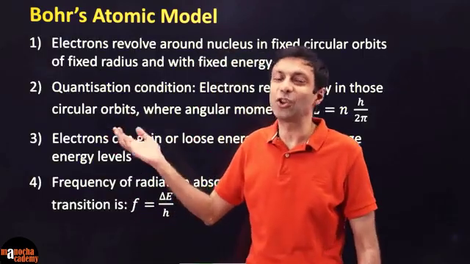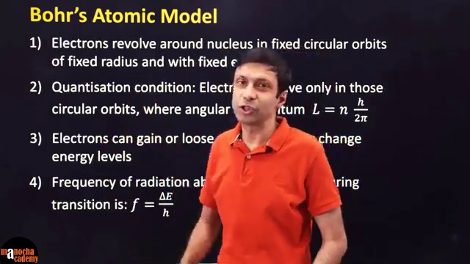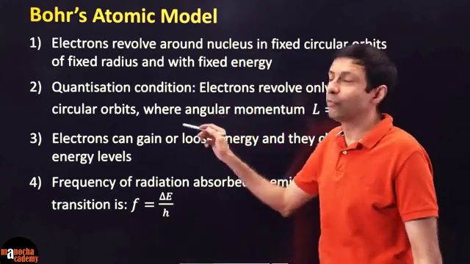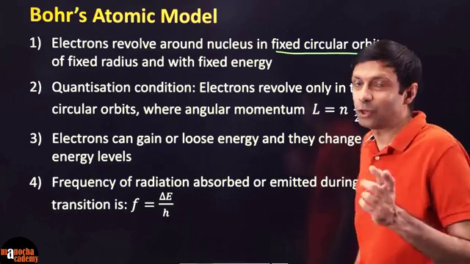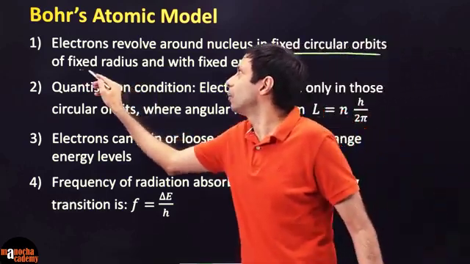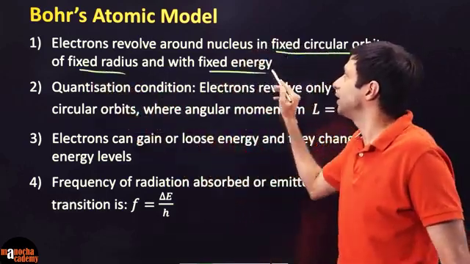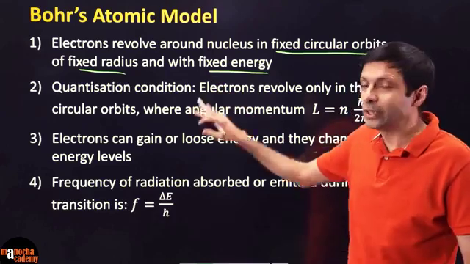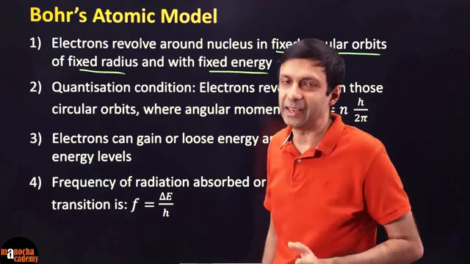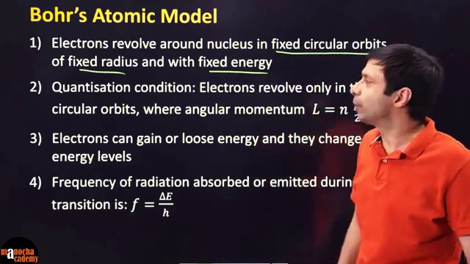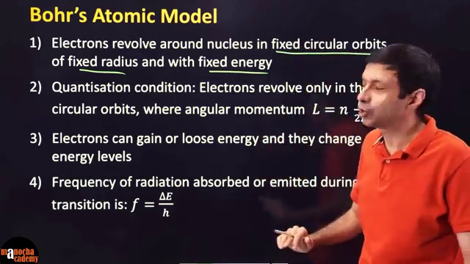Here are the postulates of Bohr's model. The first postulate says that electrons revolve around the nucleus in fixed circular orbits, like we saw in the picture, and these orbits have a fixed radius and fixed energy. I'm going to go through these points, and don't worry, we'll be discussing each and every point in detail. So that was the first postulate.